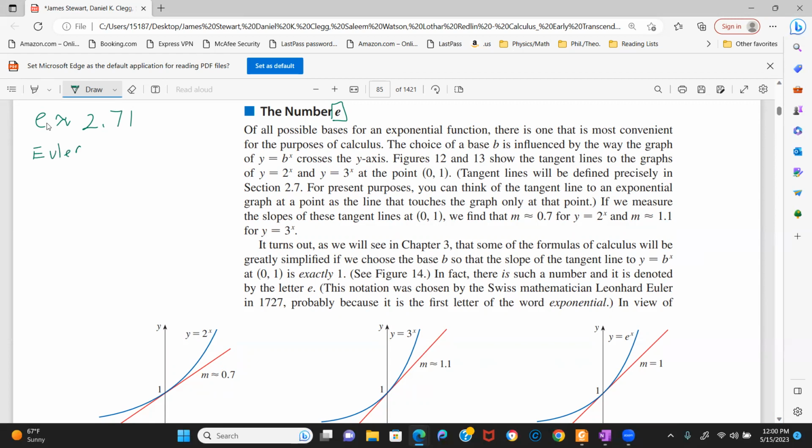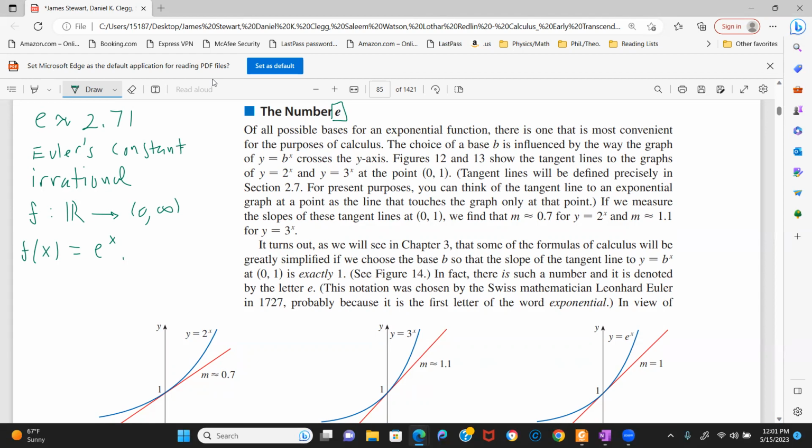It's called Euler's constant, and it's an irrational number. We're typically going to look at our exponential function with this base, so f of x equals e to the x. So e is a constant, approximately 2.71. And this number, Euler's constant, actually has a lot of surprising and interesting properties that make it easy to work with.